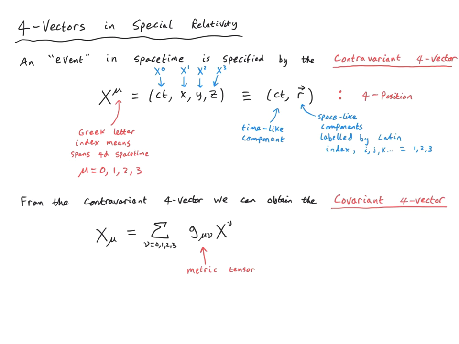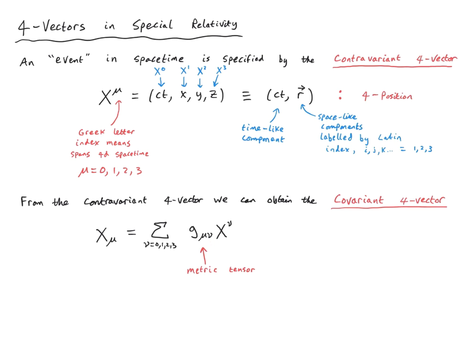On the right-hand side, we have the corresponding contravariant 4 vector, x nu, so I'm specifying this by the Greek letter nu here. And we're multiplying it by the metric tensor g mu nu. This is a tensor because it has 2 indices, and you see they're both subscripts, they're lower indices. Then we simply sum over the values of nu.